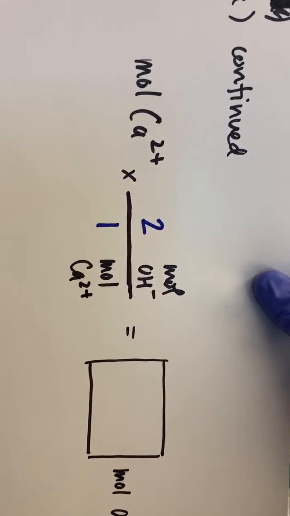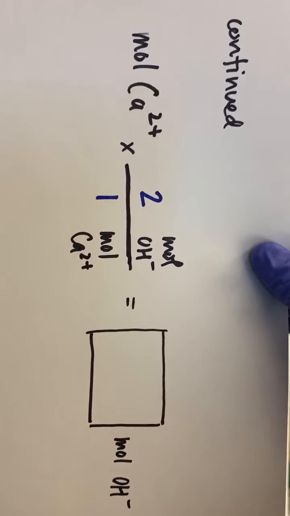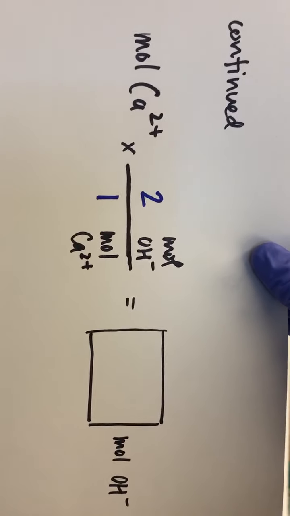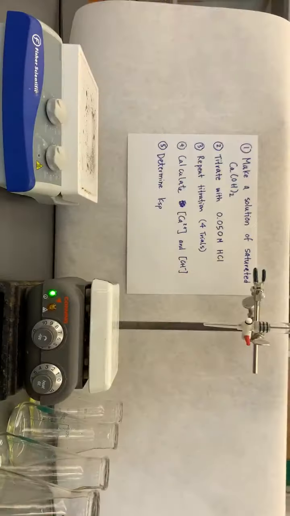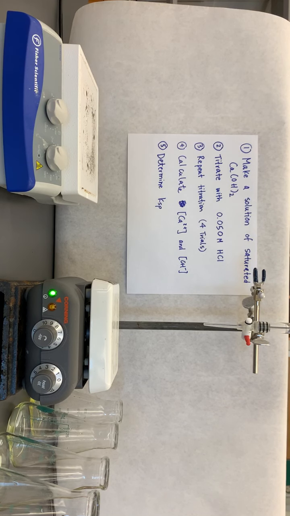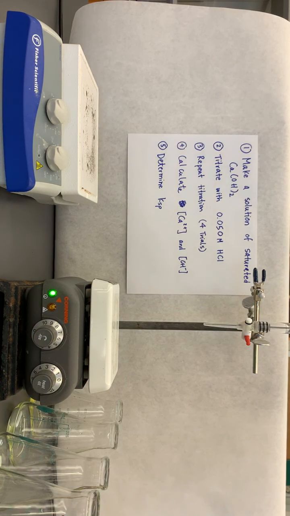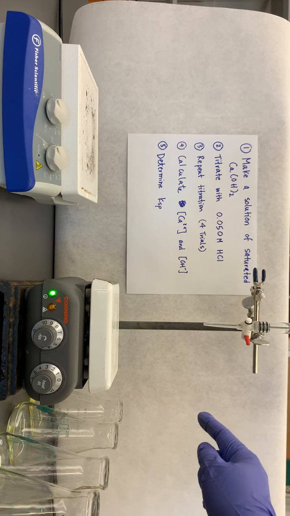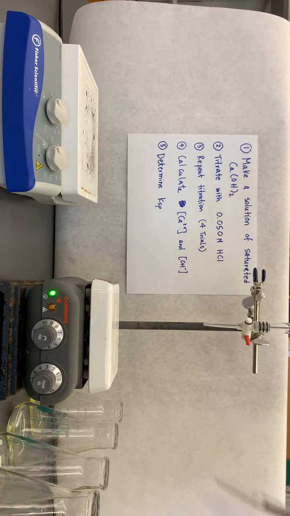So now from these two calculations, you have the moles of calcium 2+ and the moles of OH minus. The last thing you need to do is calculate the molarity. Now remember, molarity is moles divided by liters. And remember, for every one of these Erlenmeyer flasks, I added with my volumetric pipette 5 mils of each.